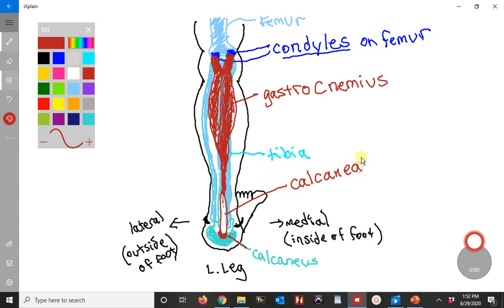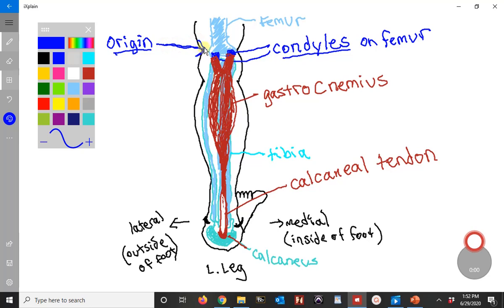But all you have to worry about for the test, I think, is that you just need to know that this is all gastrocnemius, and it comes down and its tendon inserts into the calcaneus. So the origin of the gastrocnemius is right here, the condyles of the femur.